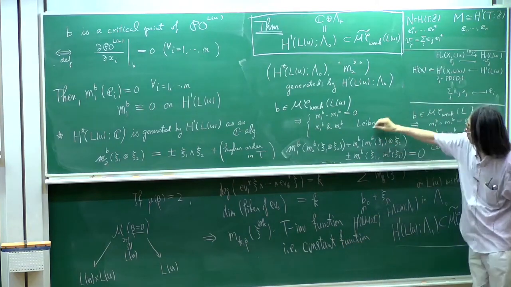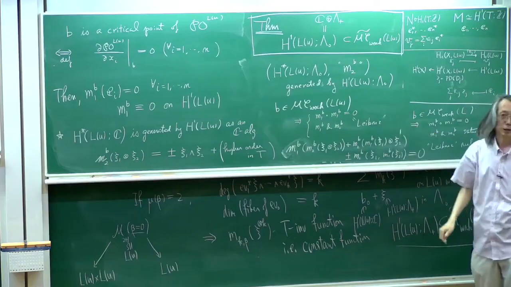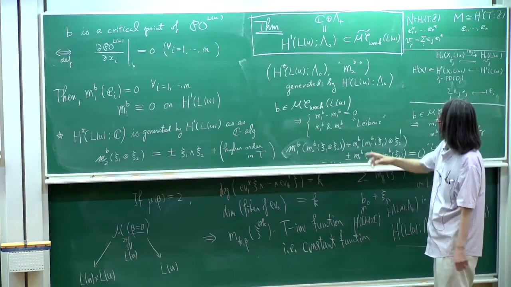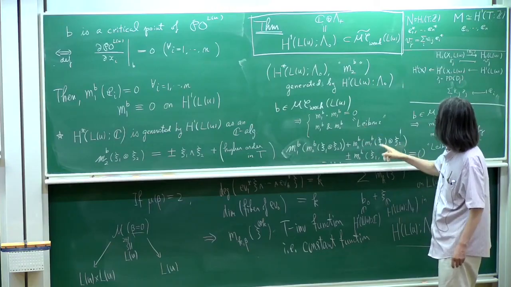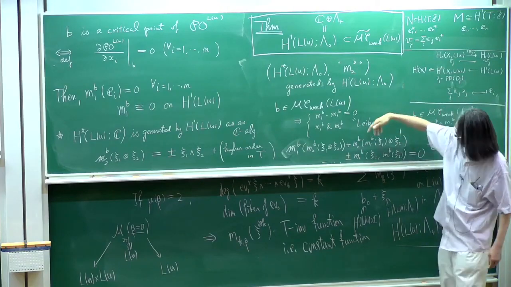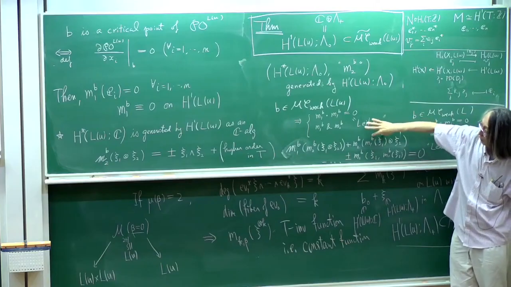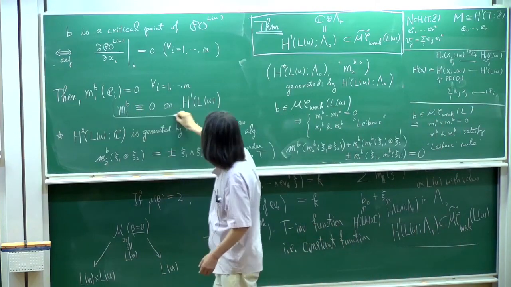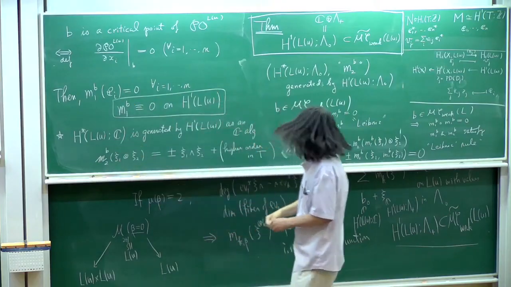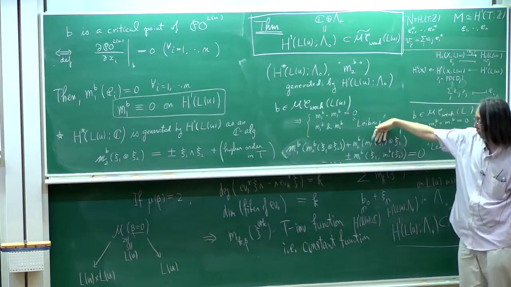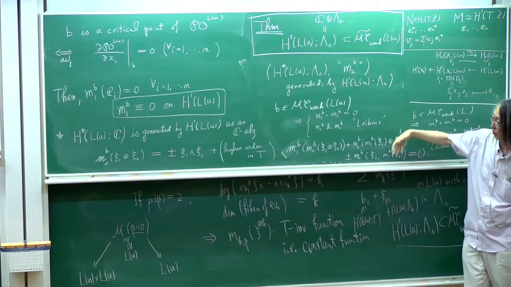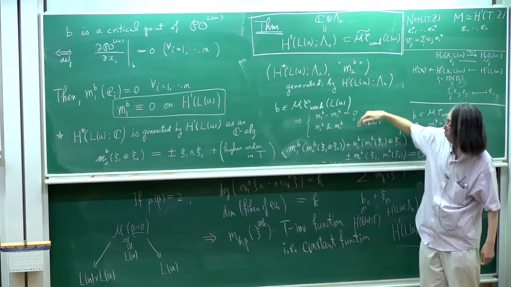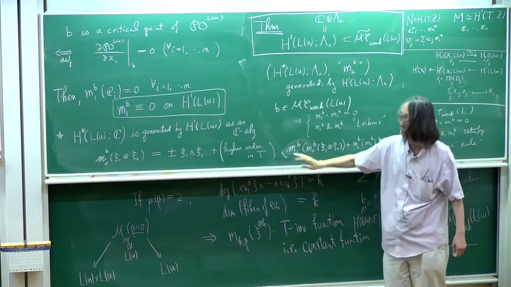So this is what I called the Leibniz rule. And so if xi_1, xi_2 are elements in H^1, then m_1^b of xi_1 is equal to 0 because of this, right? So this one dies, and this also dies. So therefore the product of the two elements from H^1 also dies by this.